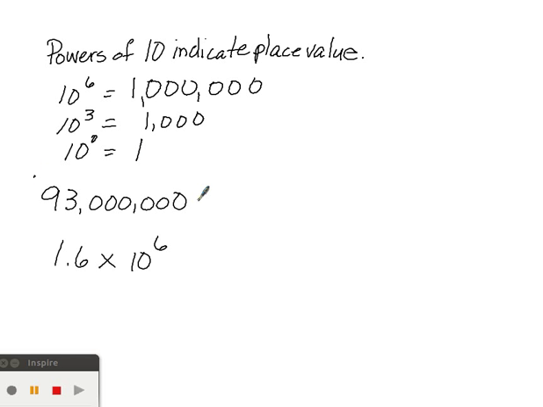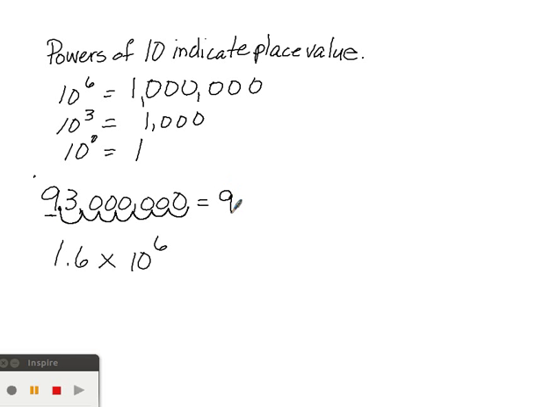We have the number 93 million here, and you want to write it in scientific notation. What do you do? You start at your decimal point, and you move and count your places as you're moving to the left until you get your decimal point to where there is one non-zero digit to the left of it.